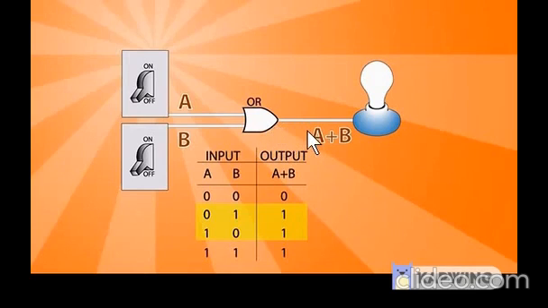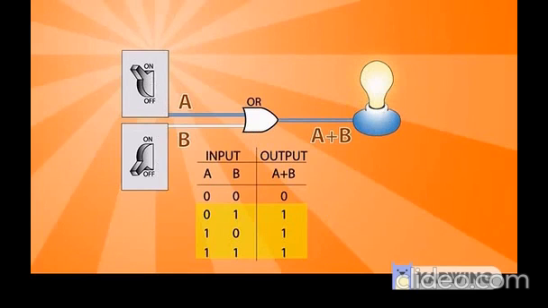So similarly here, this gate will operate this bulb, or switch on this bulb, when any of the inputs is high. So you can see over here, when any of the inputs is high, it will turn on. Also, even if both inputs are high, that also will turn on the bulb. So you can see over here, A is on, B is off, and the bulb is on, right?